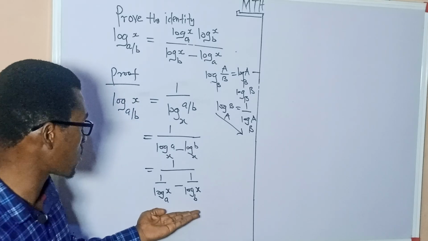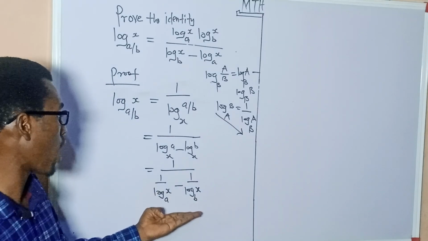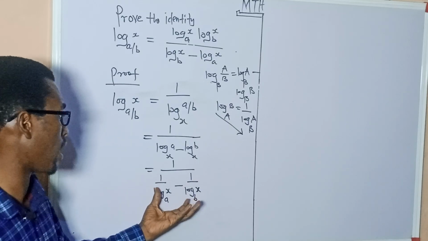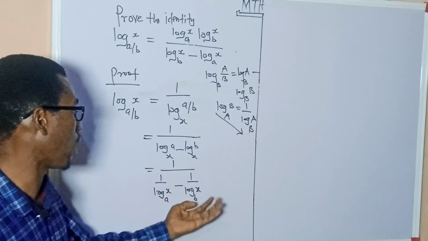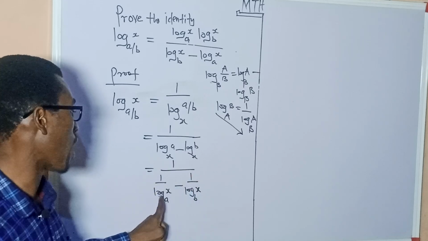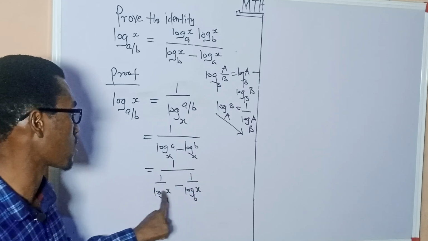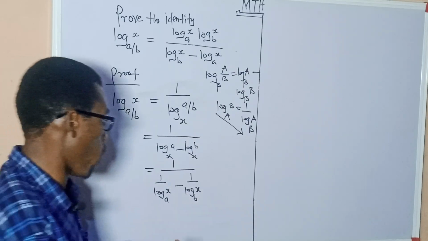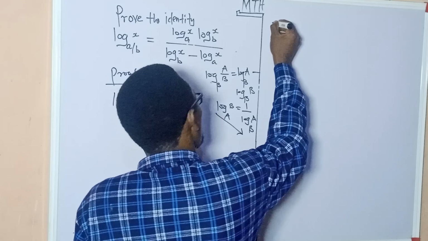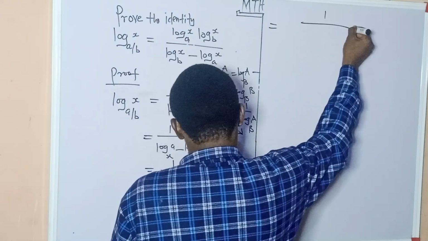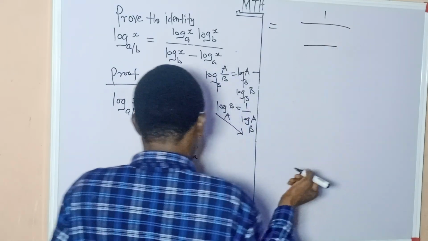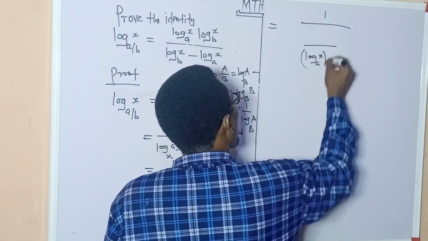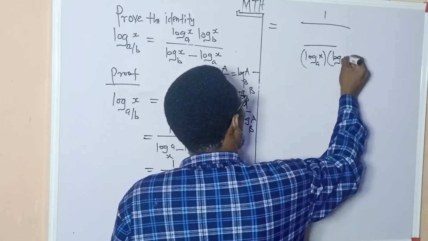So let's quickly complete the solution of this problem. We're left with this part of the expression. Now, this is an elementary fraction, so we have to apply the laws of fraction here. The LCM of the denominators is log to base a of x multiplied by log to base b of x. So this is equal to 1 over, I can draw a dividing line here, the LCM, log to base a of x multiplied by log to base b of x.